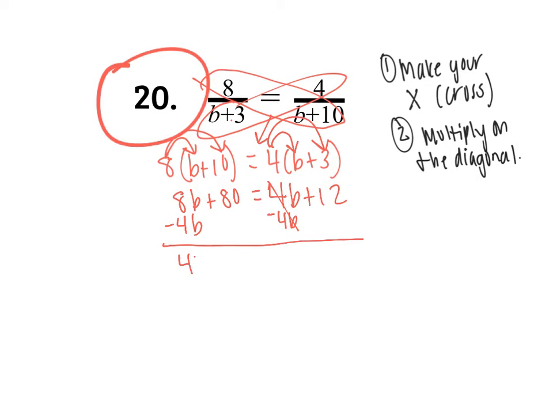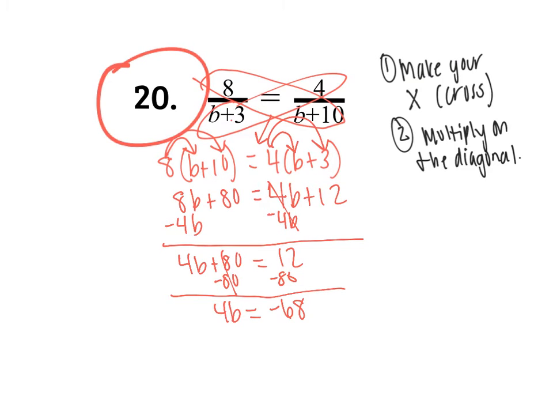And now I'm left with 4b plus 80 equals 12. Well, I already have the b's on the left side, so I'm going to get rid of this 80. I'm going to subtract it over. So then I get 4b equals 12 minus 80. So I'm going to do 12 minus 80 in my calculator. And I get negative 68.